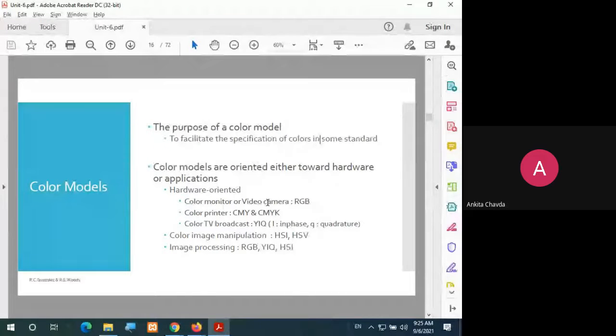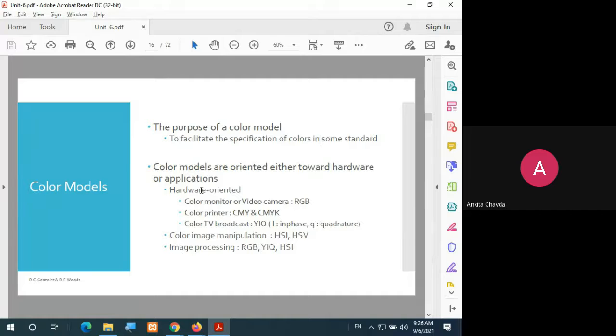You have heard somewhere of the RGB color model, CMY and CMYK models, which are used in printers. Those color models are based on either the application or the hardware you are using.